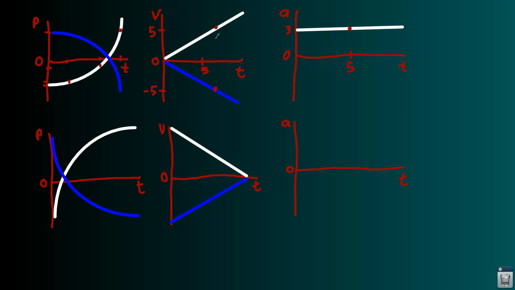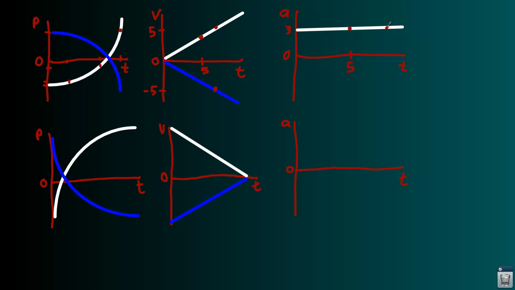What that means is, at 5 seconds here, the slope of this line had better be 3, because the value of our acceleration graph tells you the slope at that corresponding time.